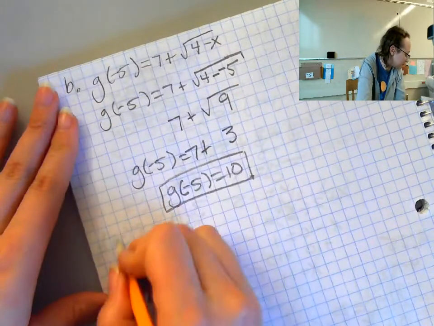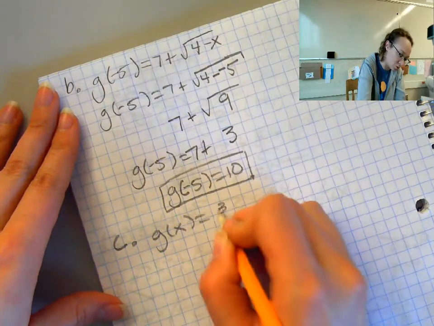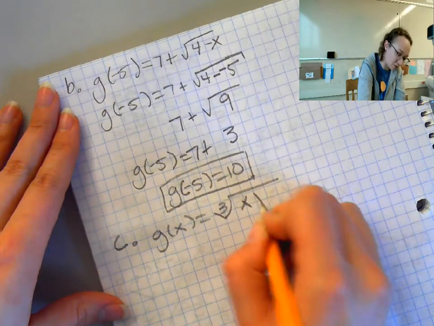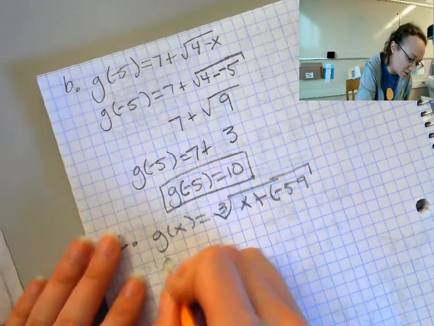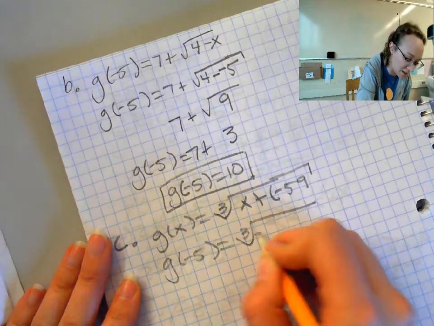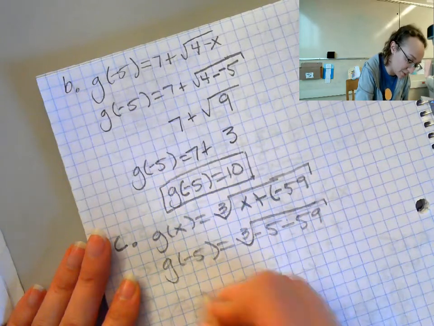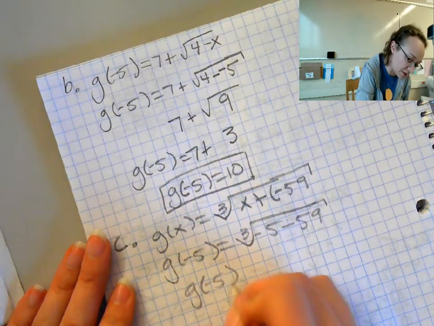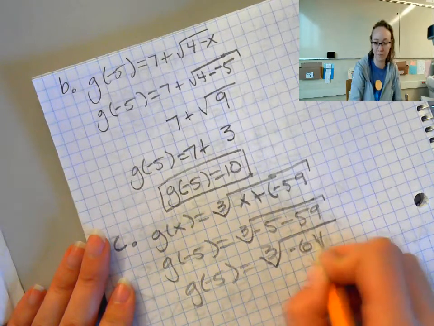On C, g of x equals the cube root of x plus -59. So the cube root of -5 minus 59, which is -64.